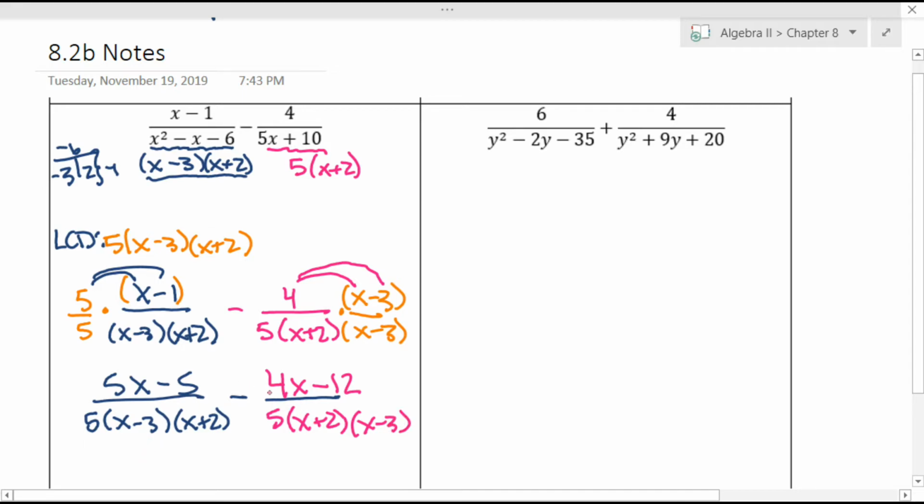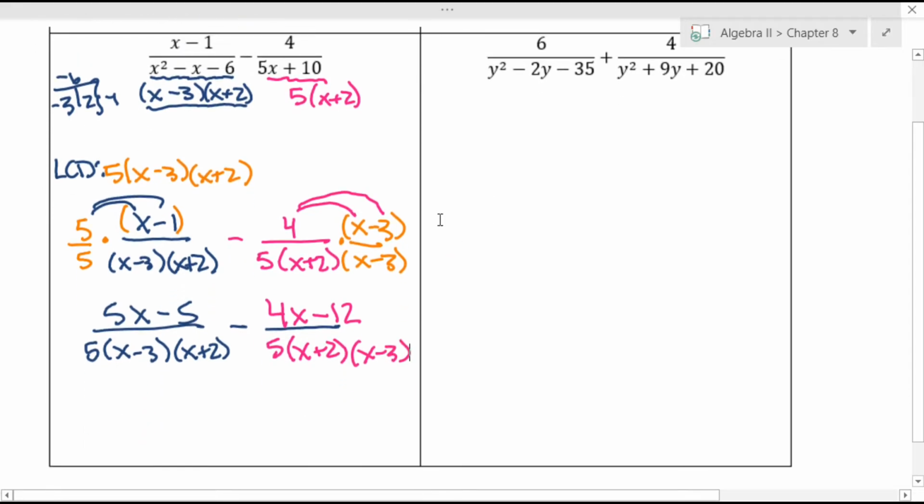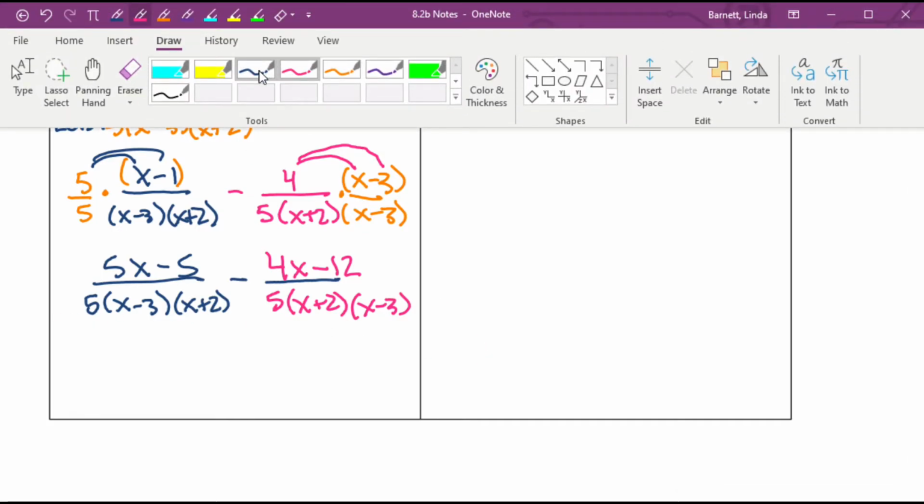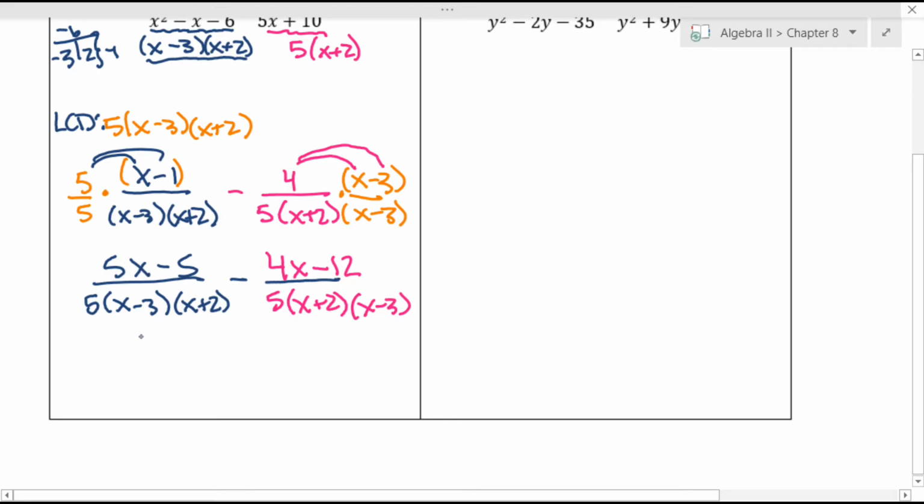So now we have common denominators, so we can go ahead and make it one fraction. This part is probably the trickiest part, or not tricky, but we have to be careful. 5x minus 5, and we're going to subtract that whole second part, 4x minus 12, over that common denominator, 5 times x minus 3 and x plus 2. When we're subtracting all of this, we have to distribute that negative.